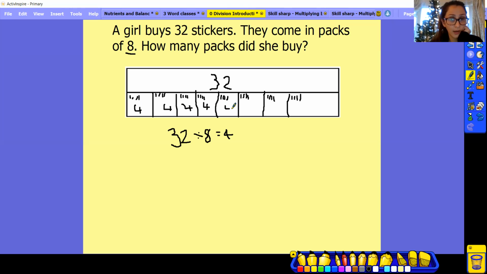And you can double check again. Just do that. Oops, 4. So you can double check again by counting in your 4s. 4, 8, 12, 16, 20. Sorry, 4, 8, 12, 16, 20.